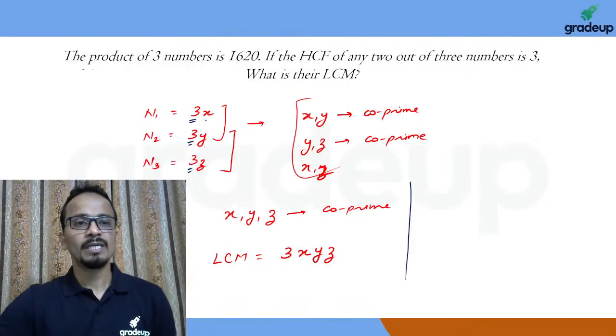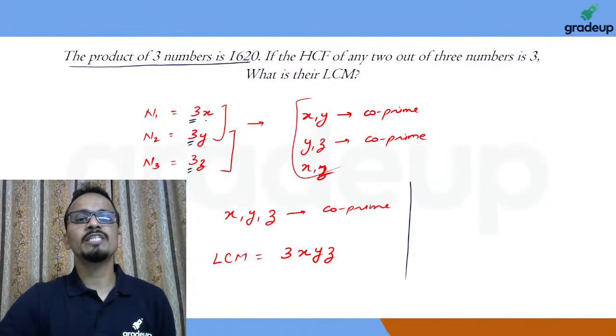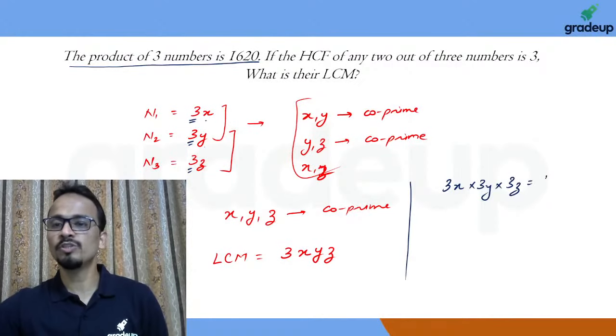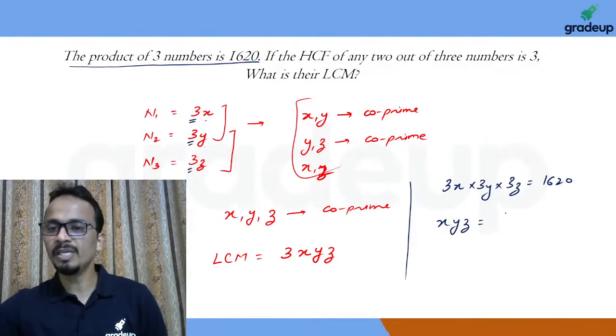Now the first statement says that the product of these three numbers is 1620. So that means 3x into 3y into 3z is equal to 1620. So I can write that x into y into z will be equal to 1620 divided by 27.